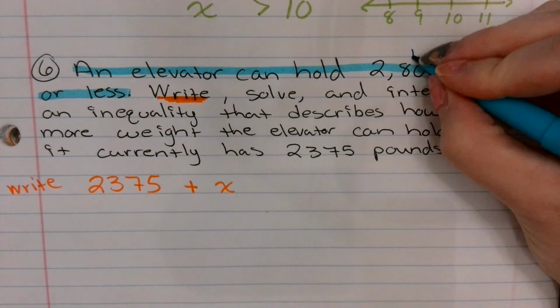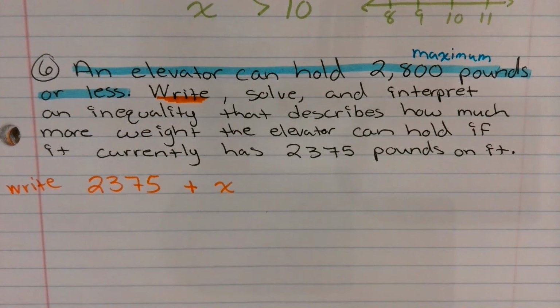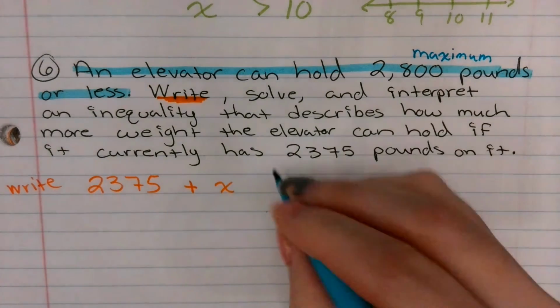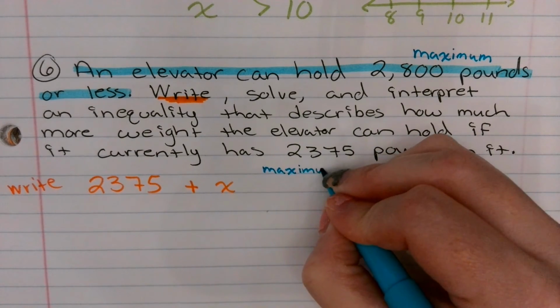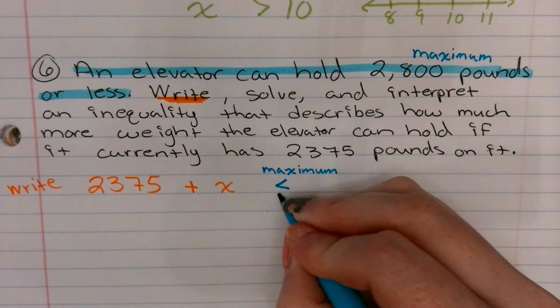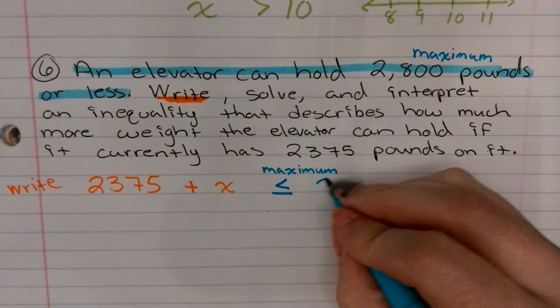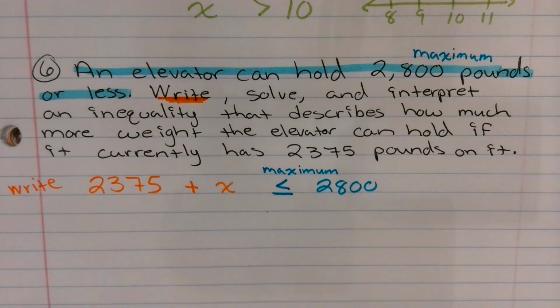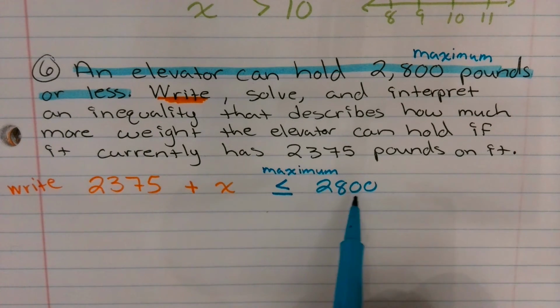This is considered to be a maximum weight. That's the max it can hold. So remember, we talked about that a maximum meant less than or equal to. When we have a maximum, that means less than or equal to 2,800, right? 2,800 pounds or less. So it can equal 2,800 pounds or less. So there, you're done. You wrote your inequality.